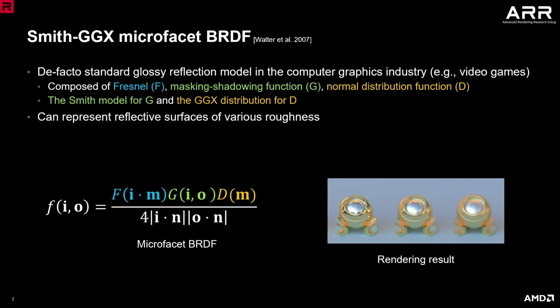This model can represent reflective surfaces of various roughness settings. The right image shows the rendering result of the Smith GGX microfacet BRDF. By using this BRDF, we can render low frequency reflections, and also highly glossy reflections, by changing the roughness parameter of the BRDF.